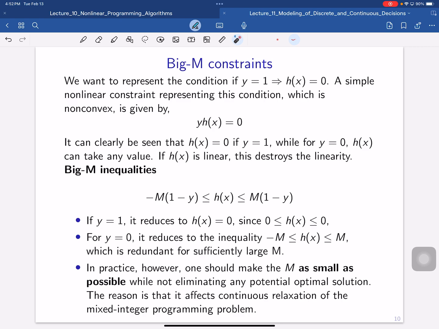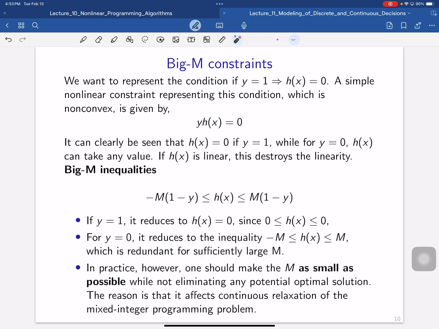Now the only caveat here is that if h(x) is linear, this equation destroys linearity, right? We do want to keep all the constraints linear.